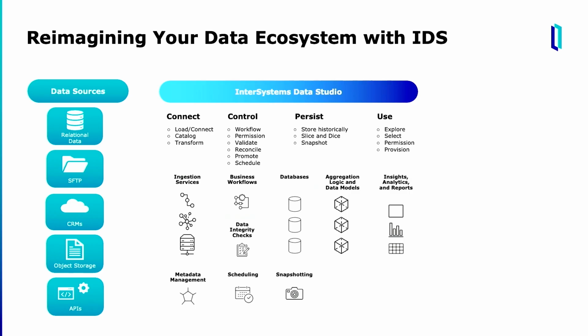IDS solves that. It's a data orchestration and integration platform. You can take all of these external sources and you can register them and connect to them with IDS via the data catalog functionality. You can learn about the shape and the schema of this data, things like primary keys and data types, if that applies to your data source. And then you can set up pipelines to bring the data into IDS, apply different transformation and validation rules to make sure the data is legitimized.